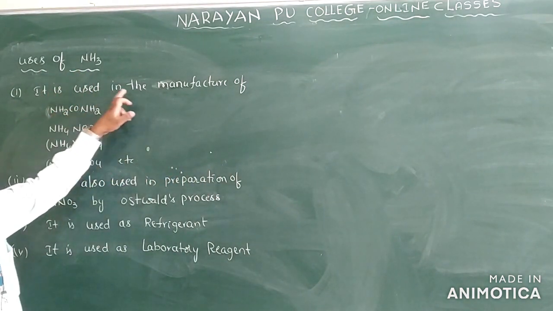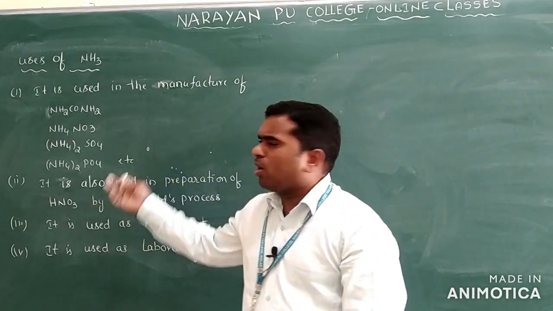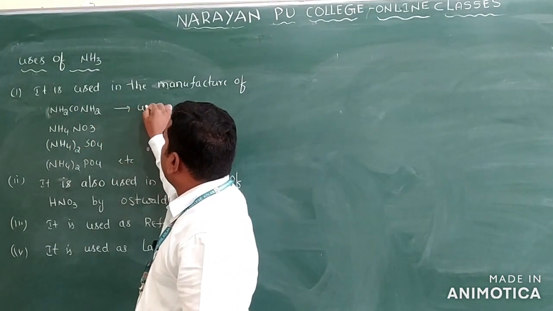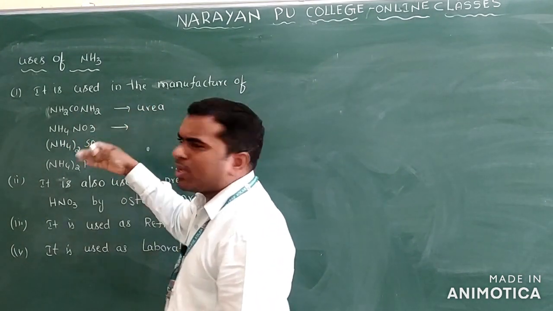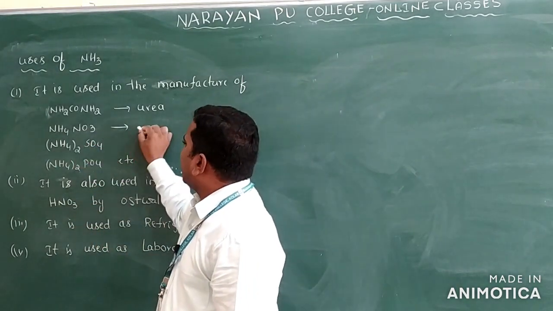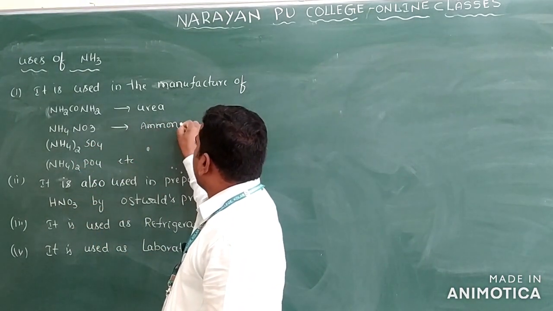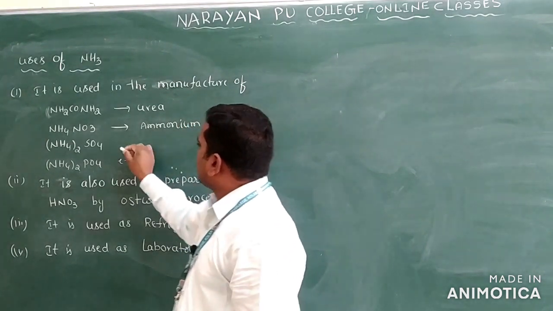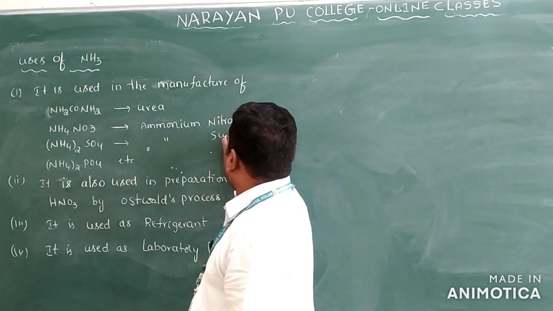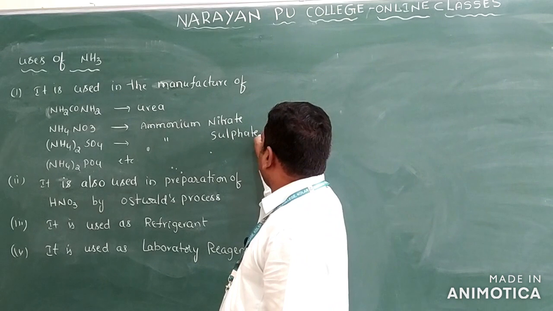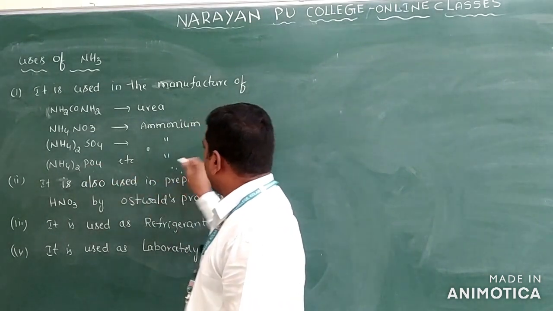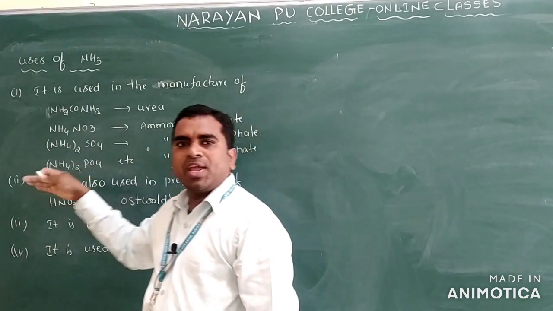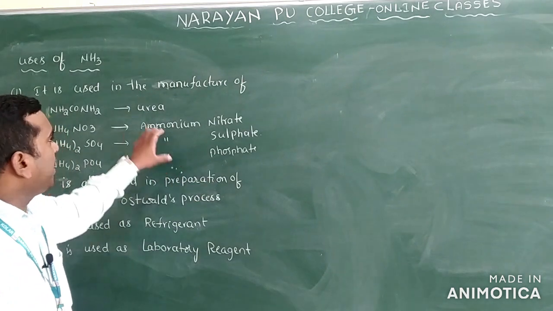It is used in the manufacture of many ammonium compounds, like NH2CONH2, which is urea, and also ammonium salts, like ammonium nitrate, ammonium sulfate, and ammonium phosphate.